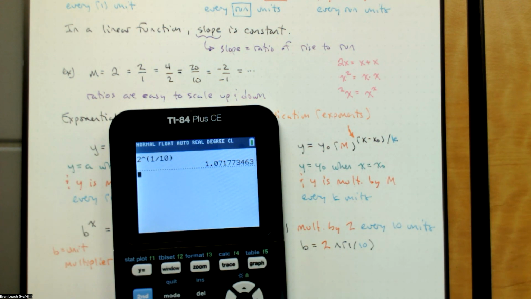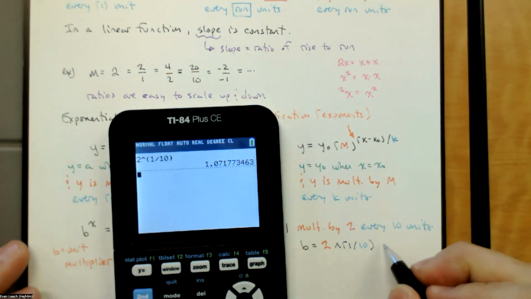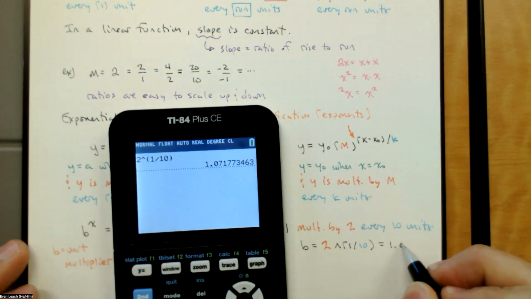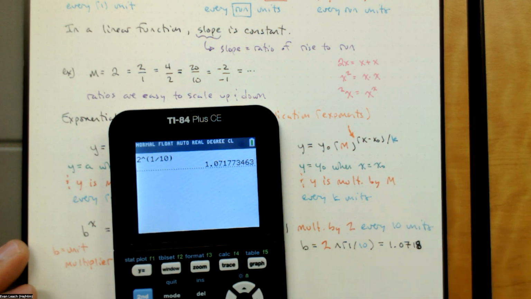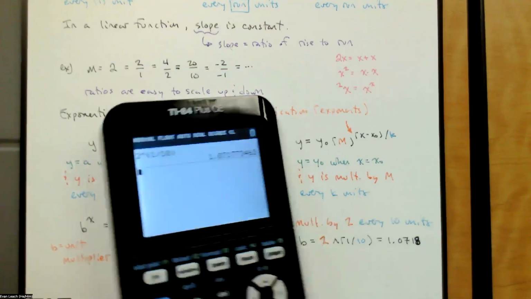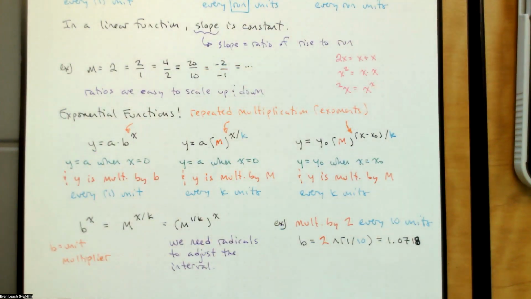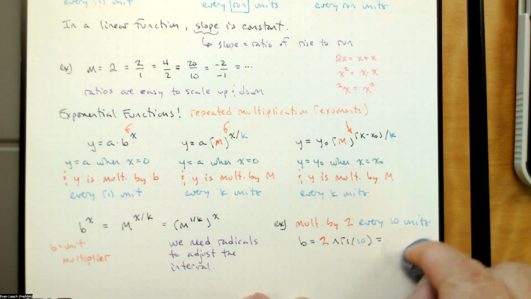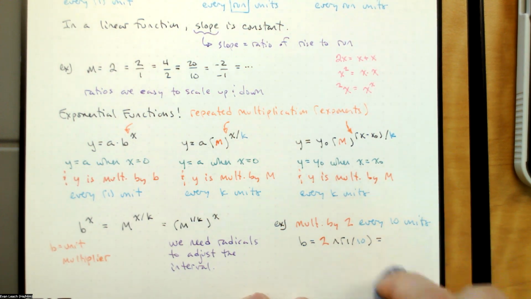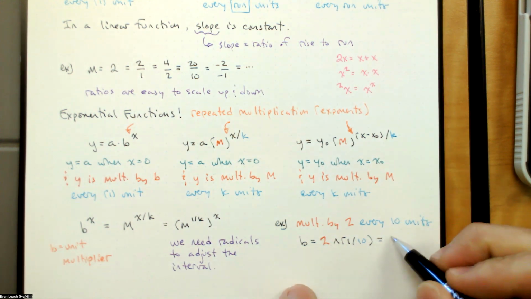So 1.07170718. That's a ridiculous 5 significant figures. Actually, I was going to write this as a percent, so let's just do 4 significant figures, because that's still excessive.